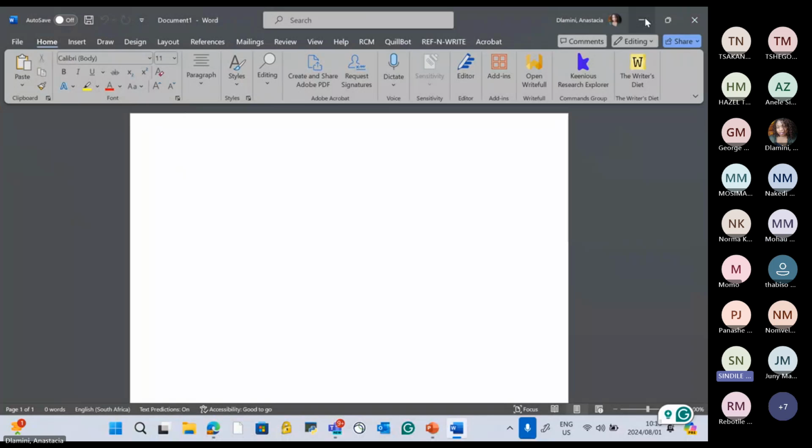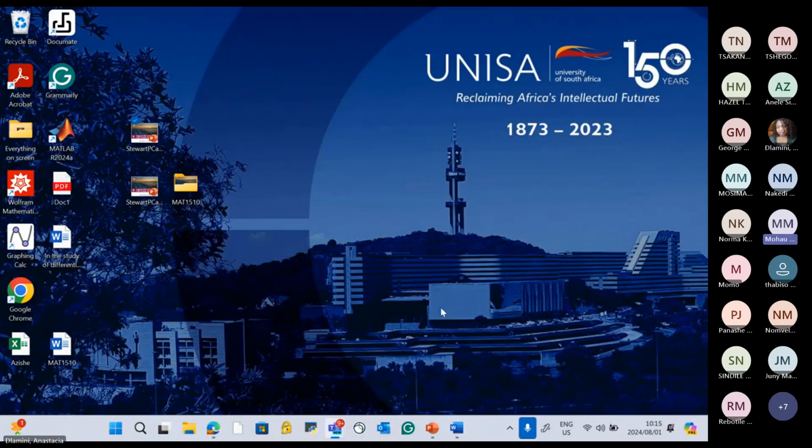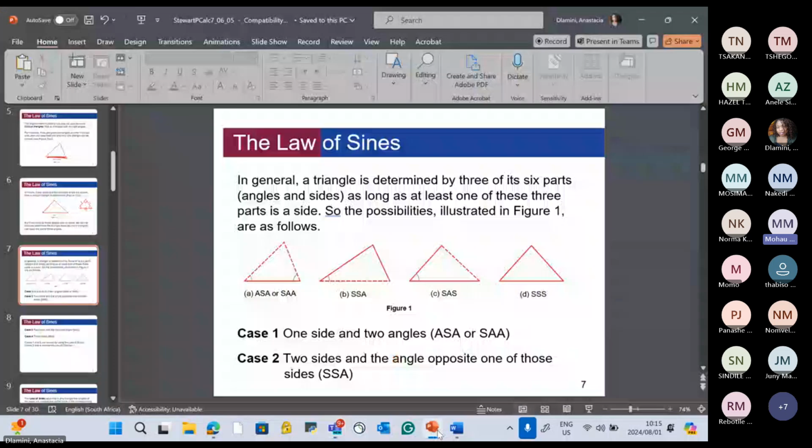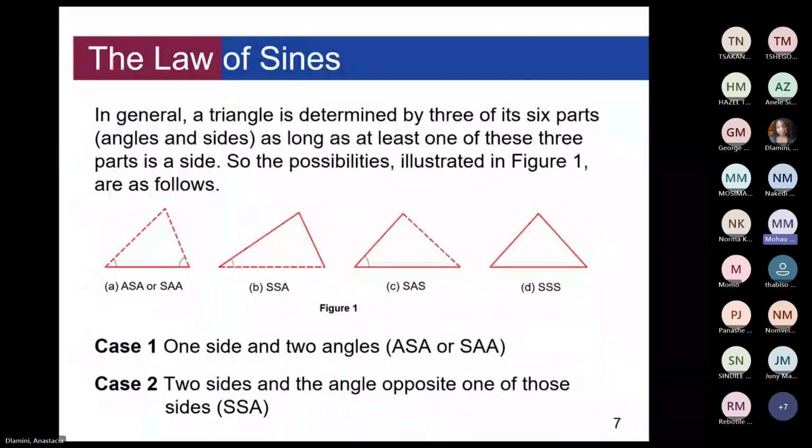Okay. So on this information presented here, it says that we can use sides to determine the angles, right?